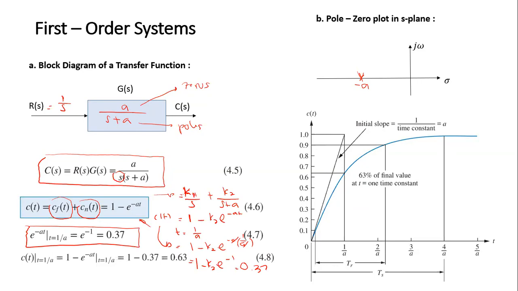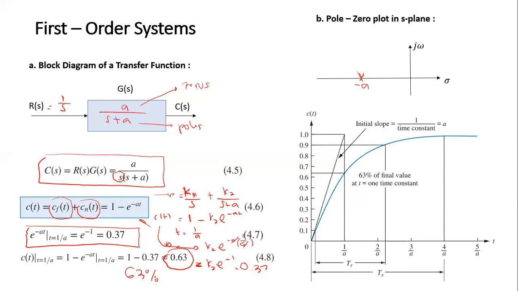So c(t) is 1 minus exponential minus at, and if time equals 1 over a, you will get 1 minus 0.37, which is 0.63. When you talk about a first order system, 0.63 is always synonymous with 63%.